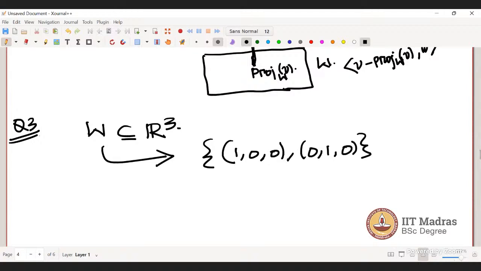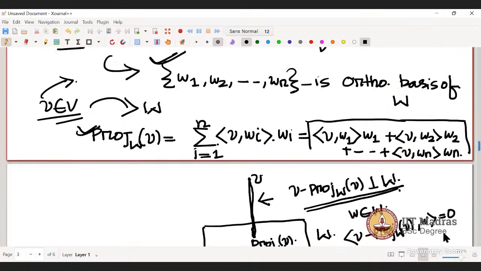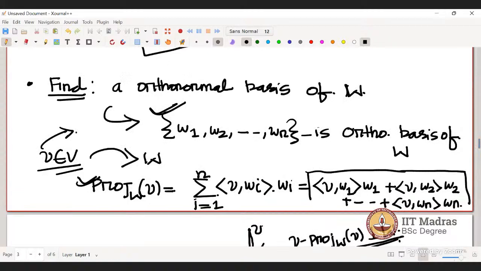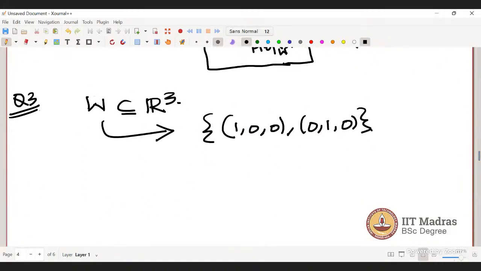So this is an orthonormal basis of W. If I write it in terms of i cap, j cap, k cap, so this means x-axis, y-axis, z-axis. Right? This W is basically the XY plane. So this is my W1 and this is my W2.